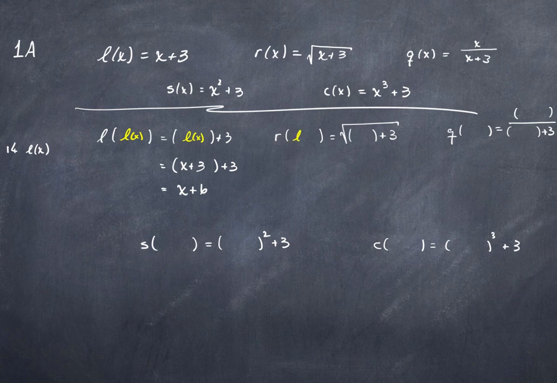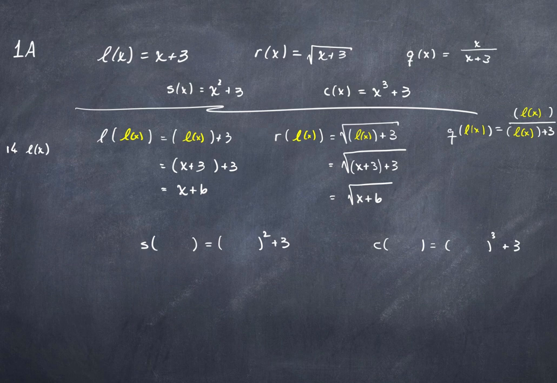All right, but I need to do that for each of these. So now I'm going to do r of L of x. But I know what L of x is. It's x plus 3. So I get the root of x plus 6. Okay, see if you can figure out what this one should be. I'll start by just replacing x with L of x.